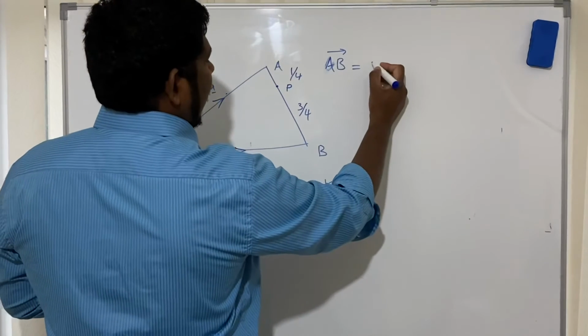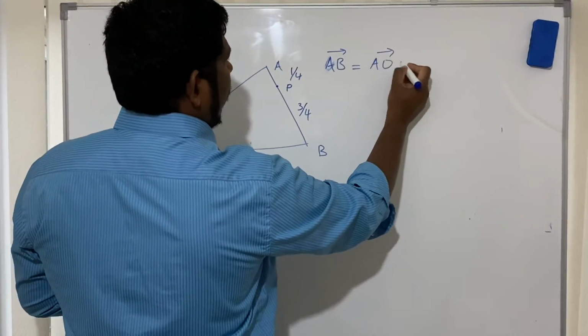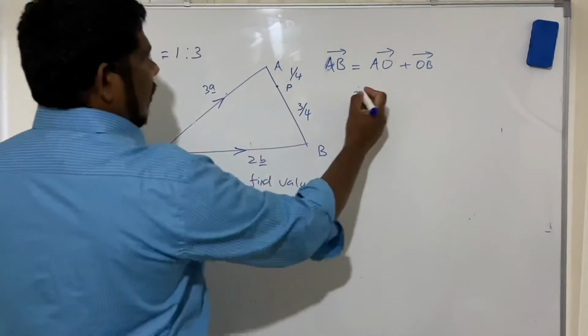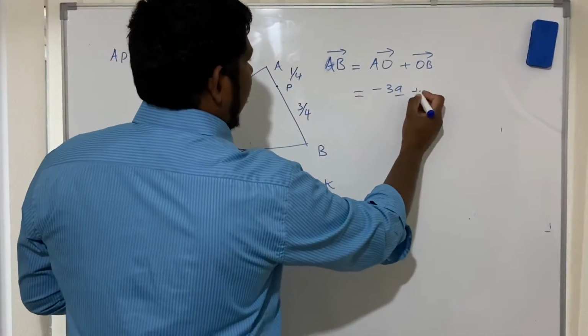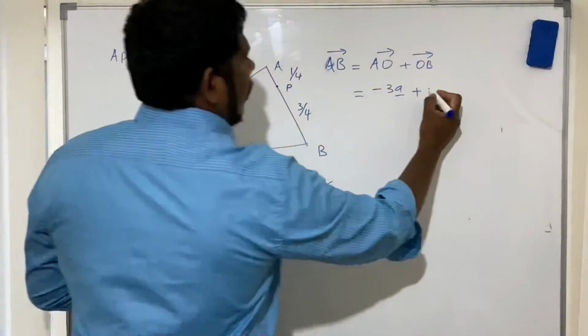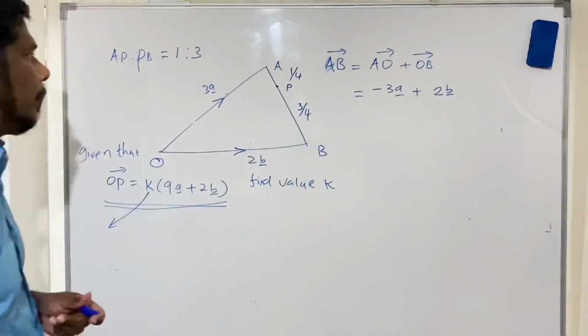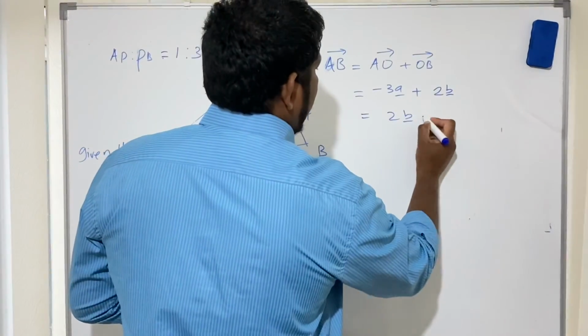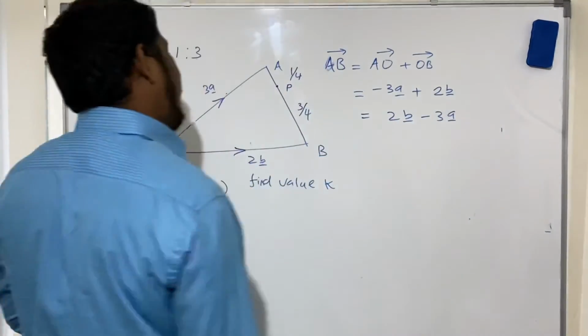We find the vector AB first. Vector AB is equal to vector AO plus OB. Vector AO is minus 3A and vector OB is 2B. So just write down like this, vector 2B minus vector 3A.